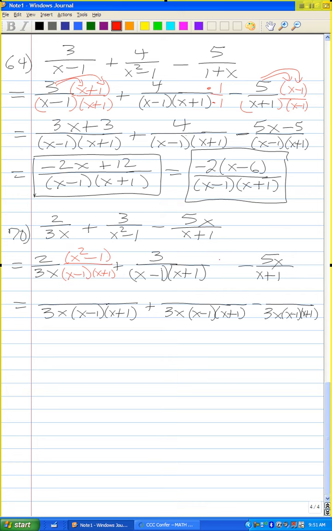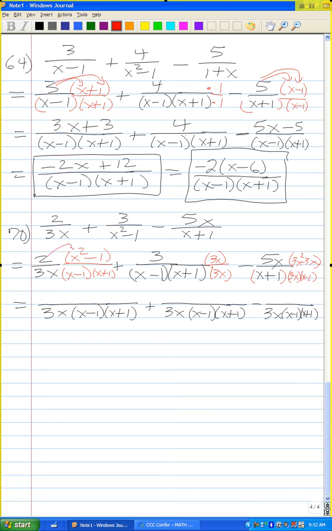Multiply and divide by 3x. Here I'm going to have to multiply and divide by 3x, x minus 1, which is the same as 3x squared minus 3x.